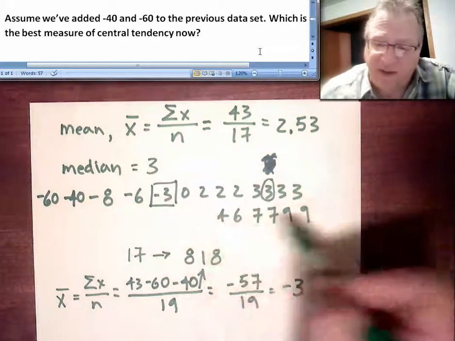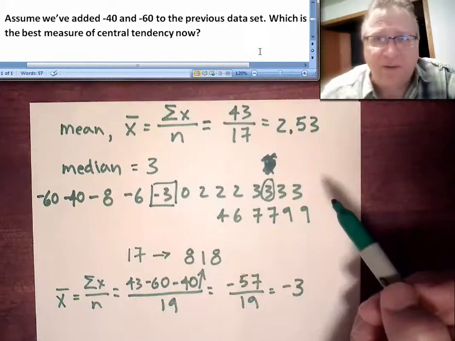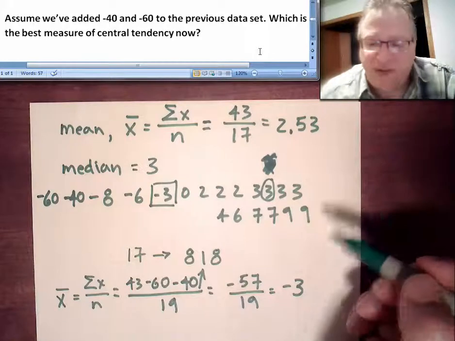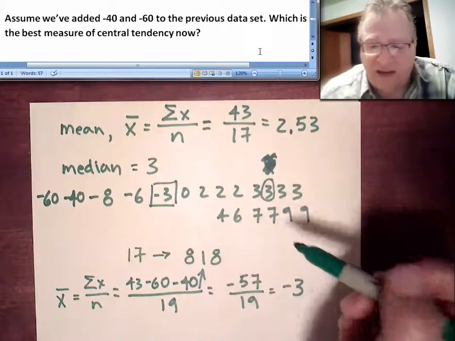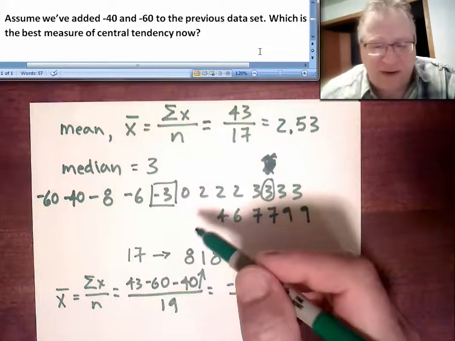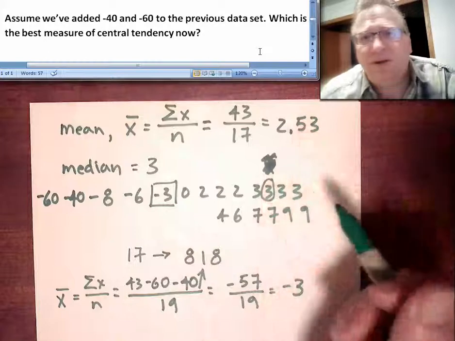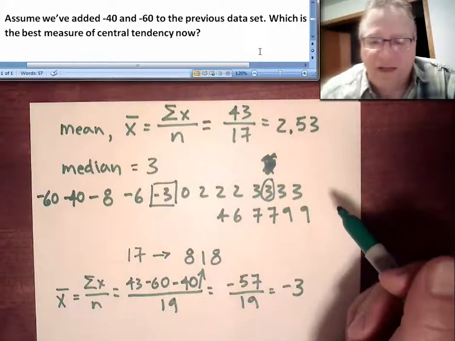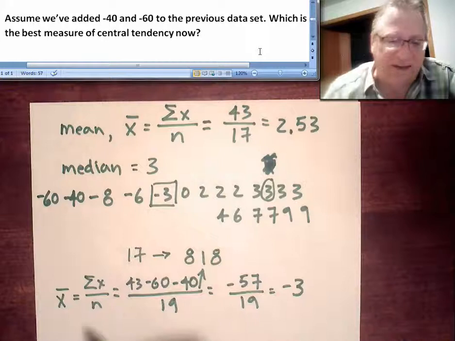There are all these values to the right of negative 3 and only 4 values in our data set to the left of negative 3. I would say for this data set, since we've added outliers which skewed the data set, that the mean is no longer the best measure of central tendency. In this case, I would use the median. Let's calculate the median.